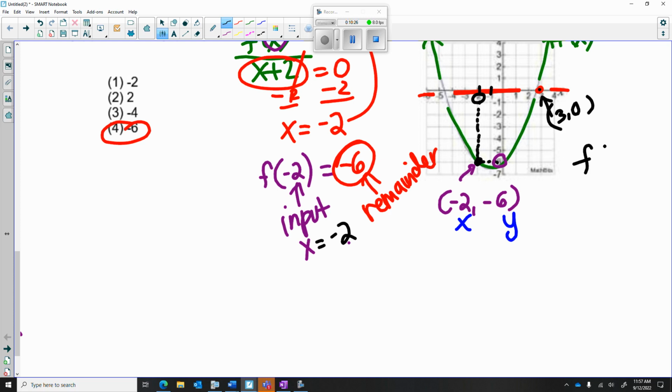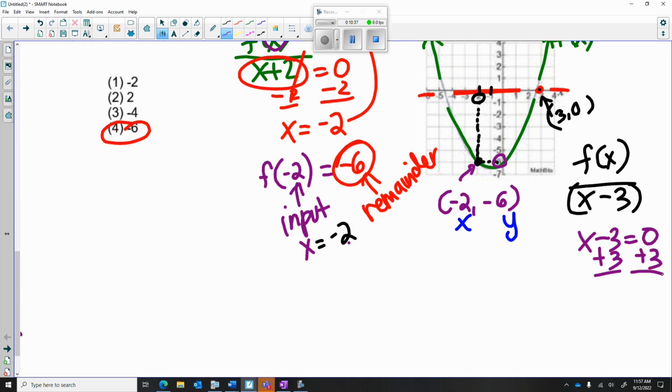If I was dividing f of x by the binomial x minus 3, then when I do x minus 3 equals 0 and solve for x, I'm going to get positive 3. When I plug in positive 3 into f of x, this would mean that 3 is called a 0 of the polynomial f of x, and it would mean that the remainder is 0 when we divide, so thus x minus 3 is a factor.